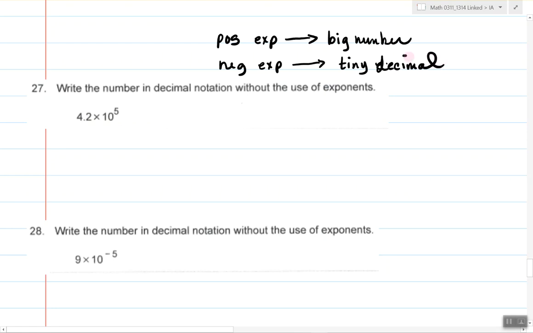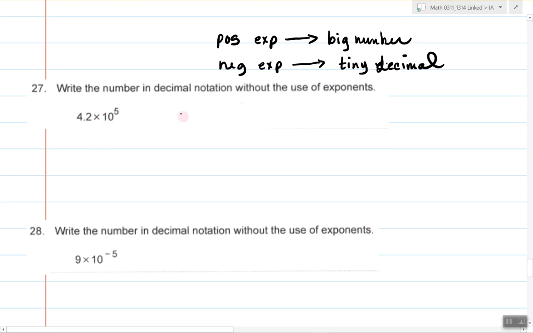All right, so what I'm given here on number 27 is scientific notation. They would like me to change it back to what's called standard notation. If I'm going to multiply by a power of 10, every time I multiply by a power of 10, the decimal point moves 1 to the right. I'm multiplying by 5 powers of 10.